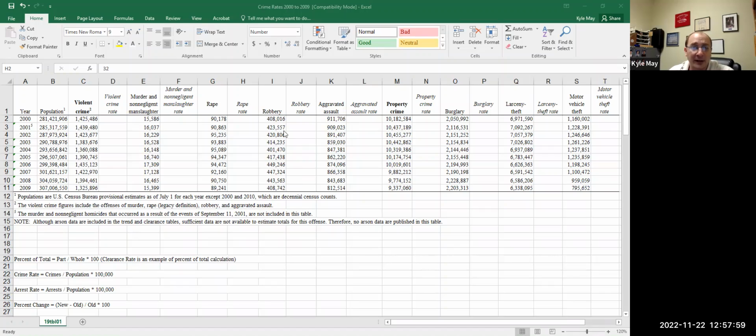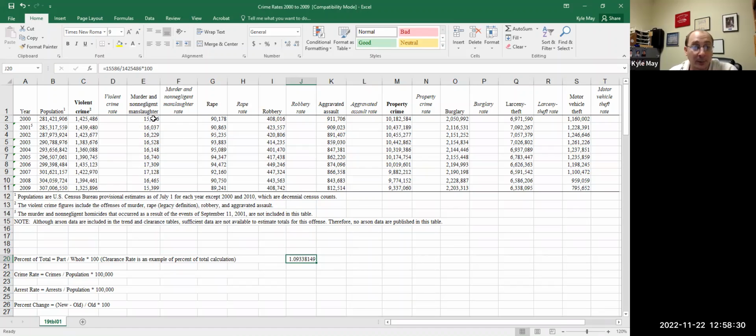So if we look at one here, if we wanted to know what percentage of violent crimes are murder or non-negligent manslaughter, we would start with the part, which is the murder and manslaughter, 15,586. We would divide it by the number of violent crimes, which is 1,425,486, and then we multiply that by 100, and we would get 1.09%.